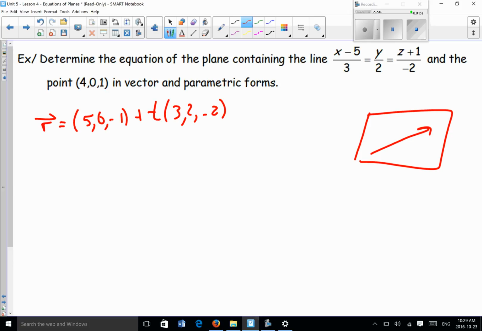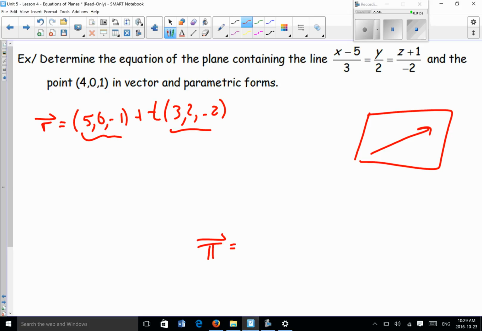Well, if I have a line, a point and a direction, and I'm talking about a plane, well, that's part of the information I need, right? I know my plane has to contain a point and two directions. I've got one set of information already.